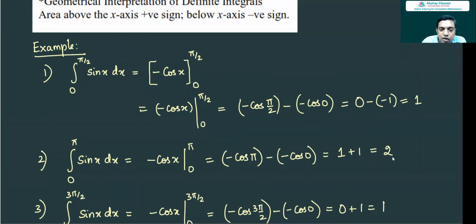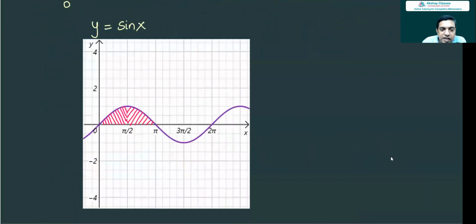Okay. Now, when we did from 0 to 3 pi by 2, what's happening? We have this portion, and this portion, which I will mark with a blue color now. This segment is also similar to this segment.